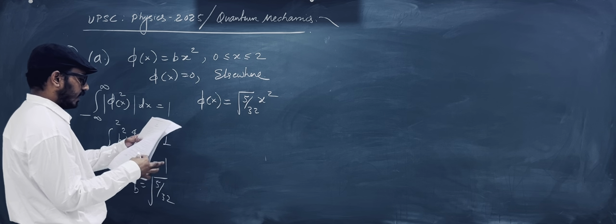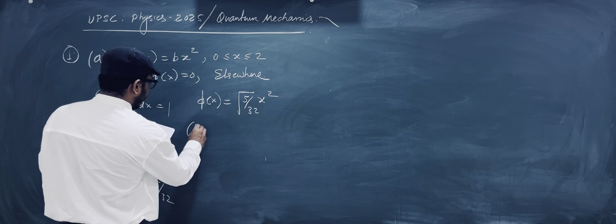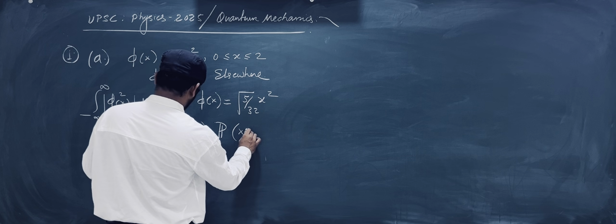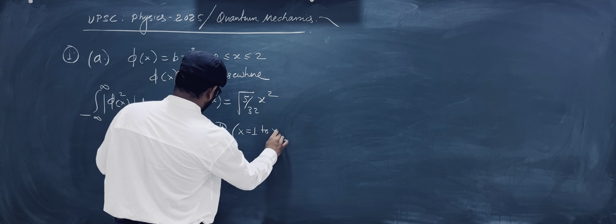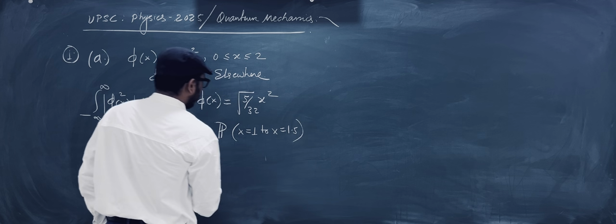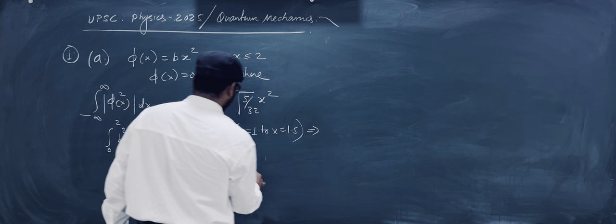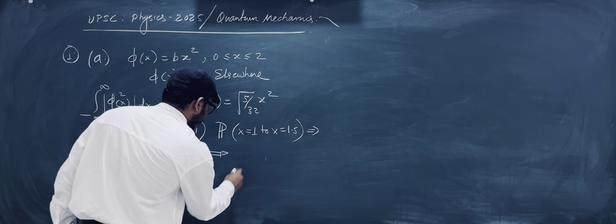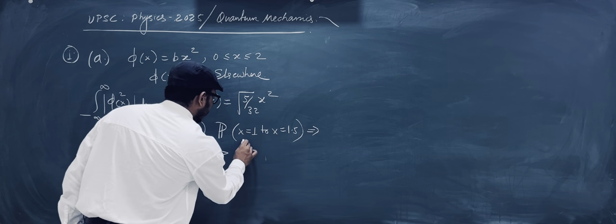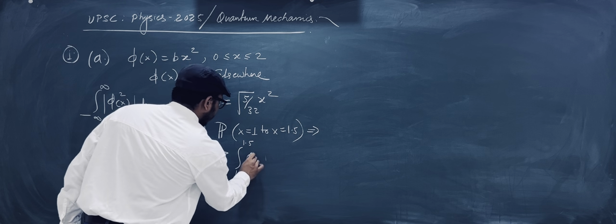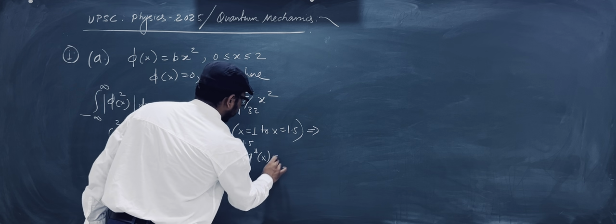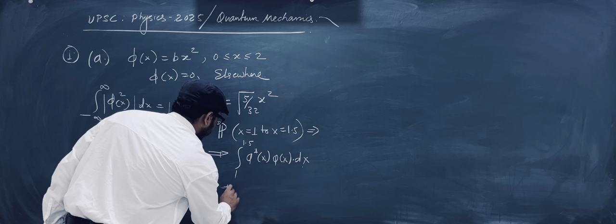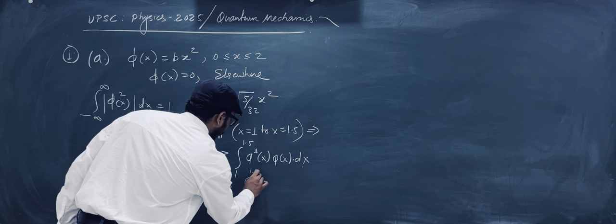So the first question says find the probability to exist between x equals 1 to x equals 1.5. So we can write easily here. The probability can be written as integral of psi star x psi x dx, where the function is phi here, with limits 1 to 1.5.